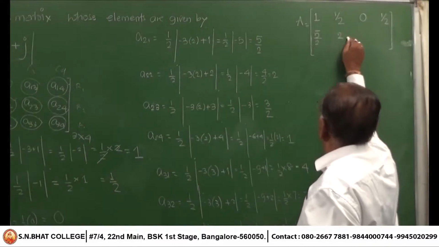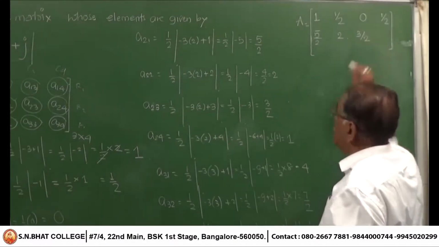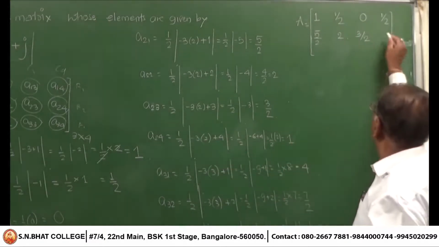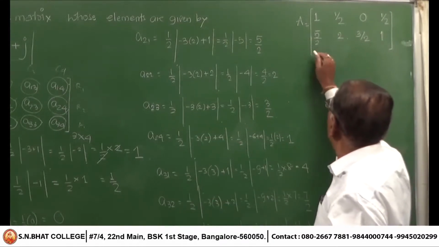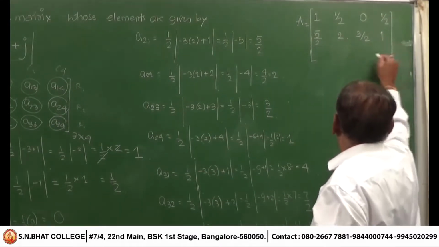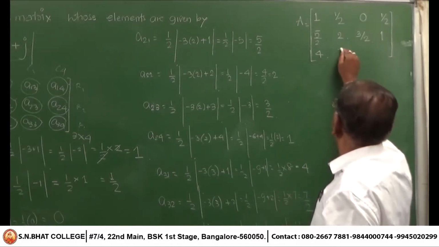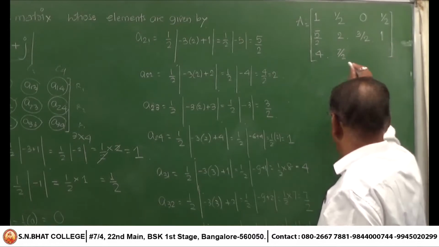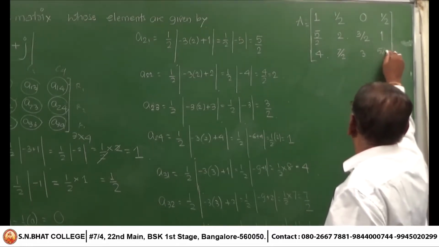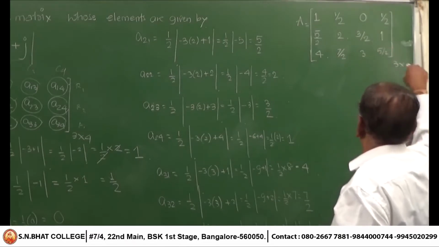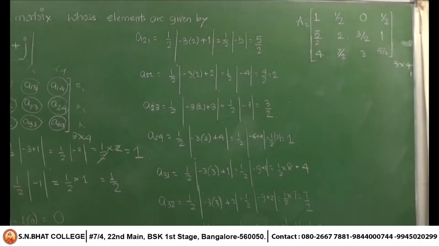A22 is 2. A23 is 3 by 2. A24 is 1. A31 is 4. Next is 7 by 2. Next is 3. Next is 5 by 2. This is a 3 cross 4 matrix.